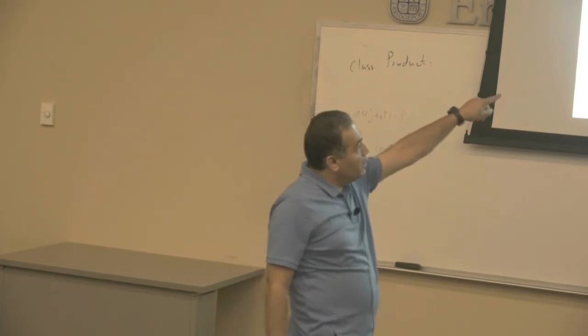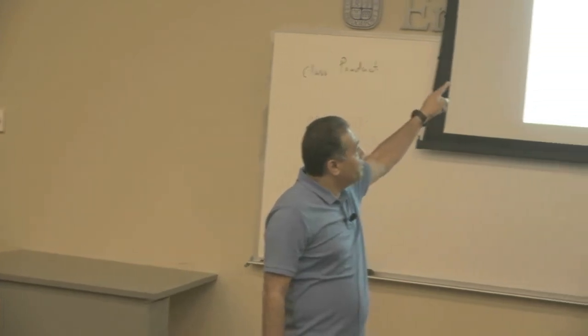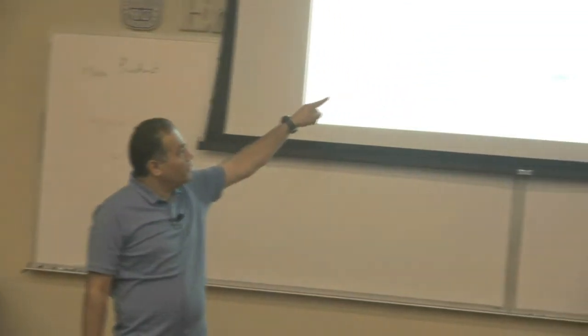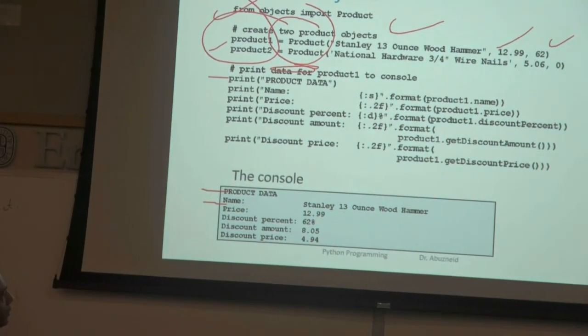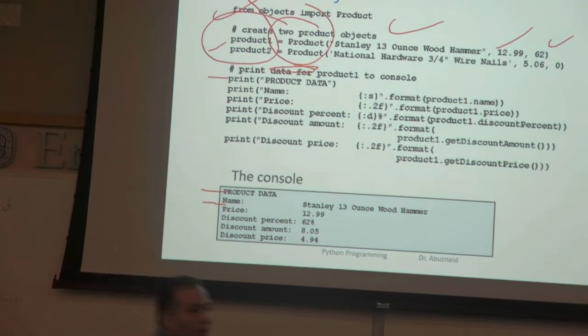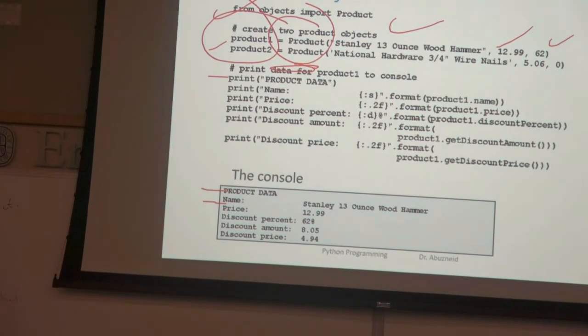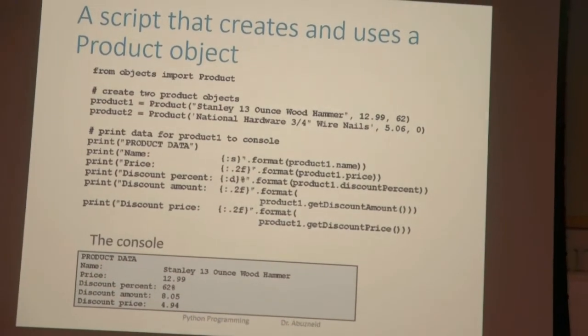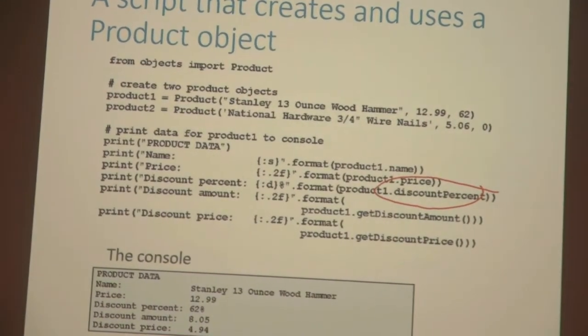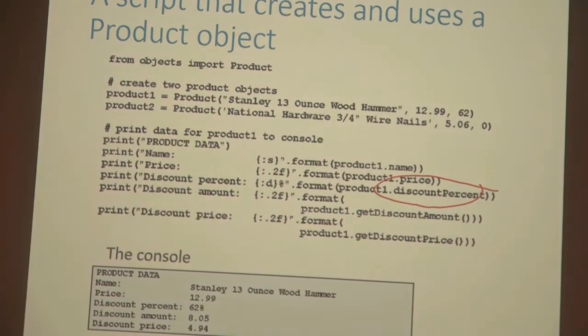So in here, I'm saying product1.name, print it. Then the second one, print the price, and what I'm printing is product1.price. Then after that, the discounted percentage. For that, I called the method. If you look in here, there is a method that we have created called discount percentage, which calculates the discount percentage.